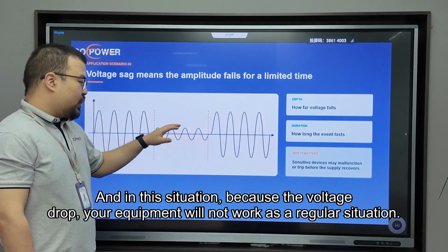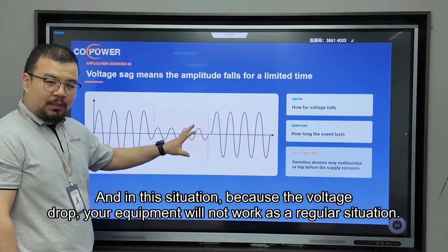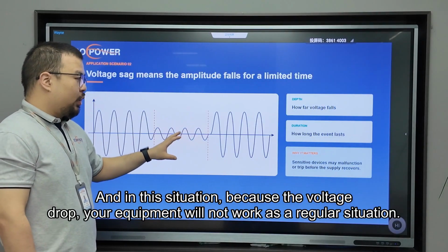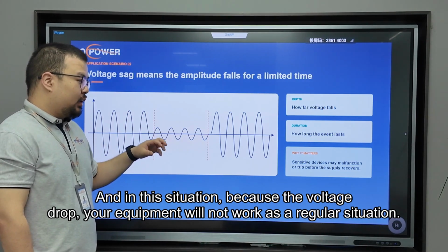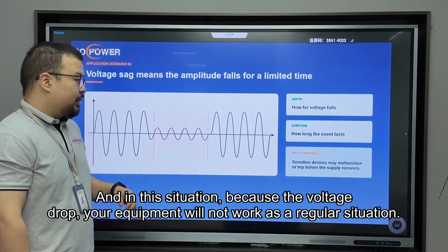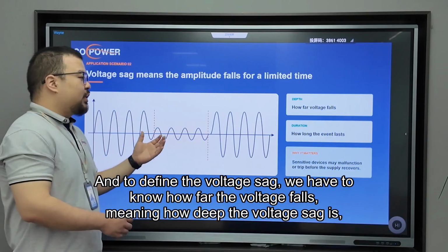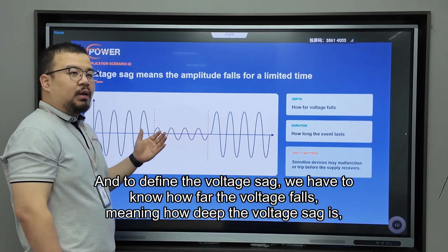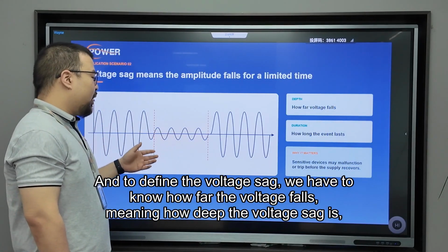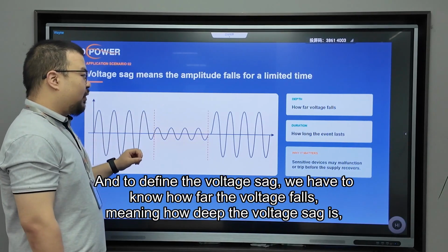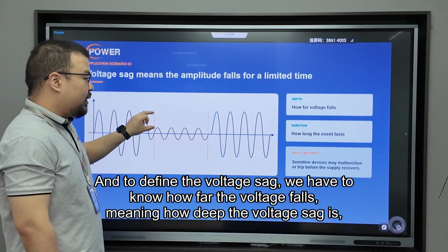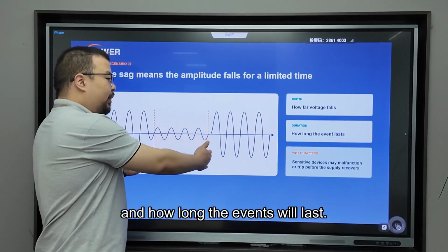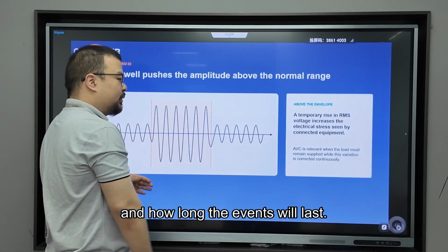In this situation, because the voltage drops, your equipment will not work as in a regular situation. To define the voltage sag, we have to know how far the voltage falls, meaning how deep the voltage sag is, and how long the event will last.